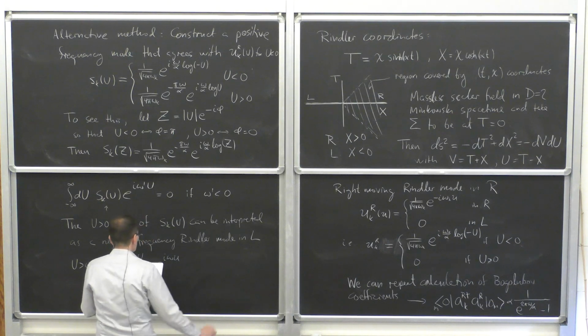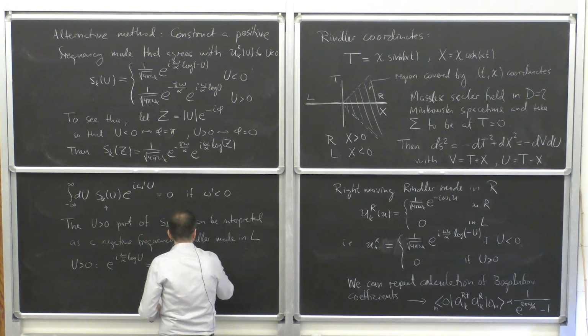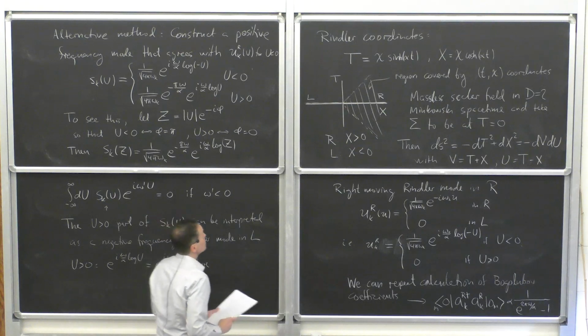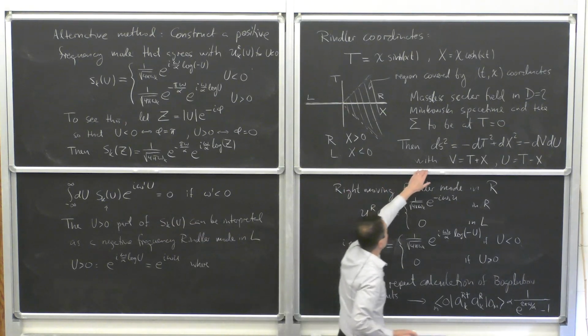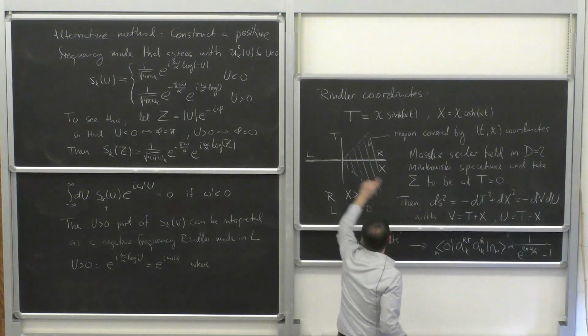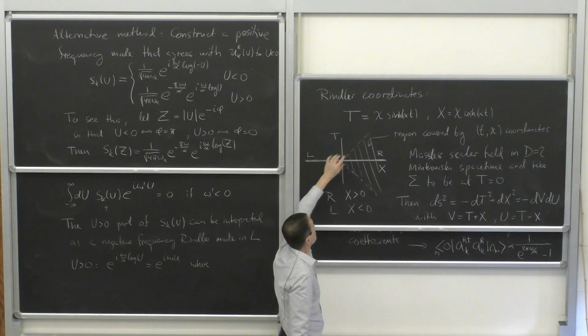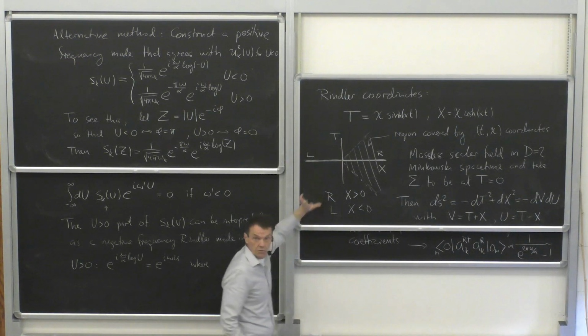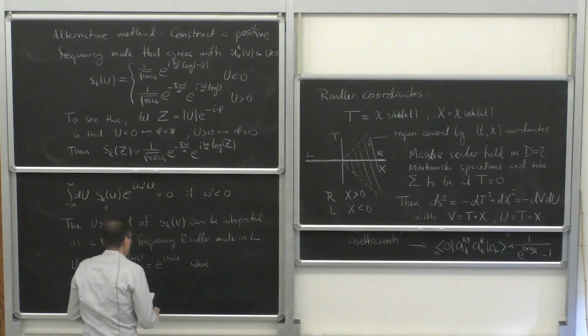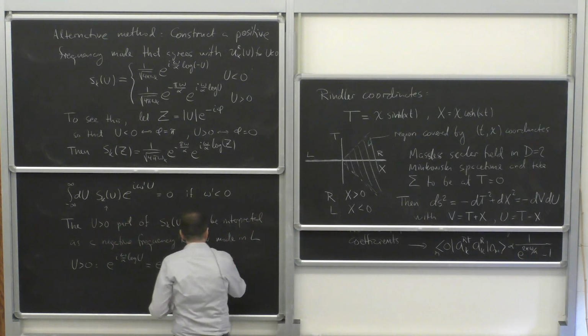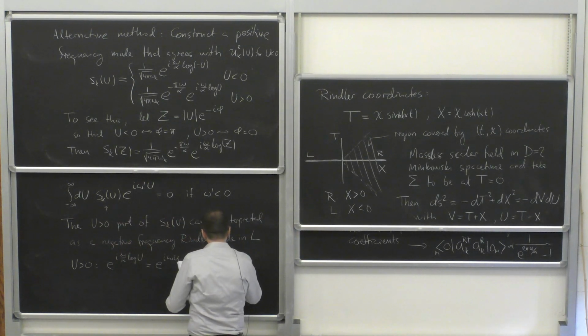Now you have to think about how you actually go to Rindler coordinates on the left wedge. When I'm on the left wedge, capital U is positive, and capital V is actually negative, right? They both switch signs. So I have to do a slightly different coordinate transformation. So here, actually, U is e to the alpha U. This is the U now on the left.